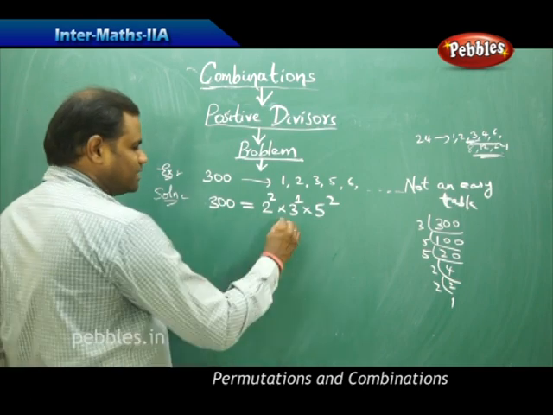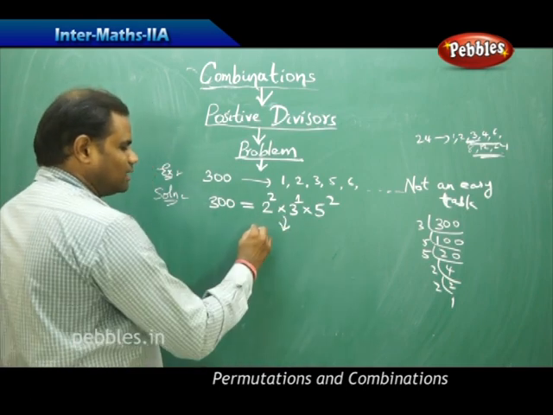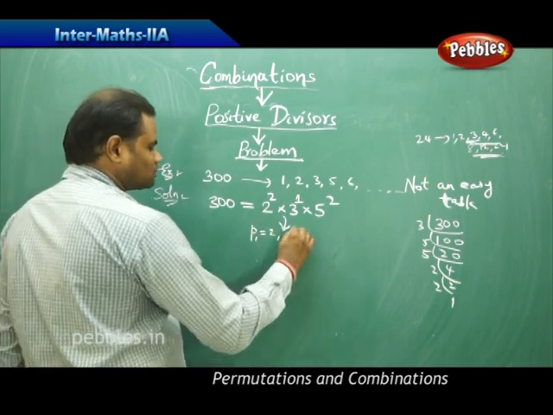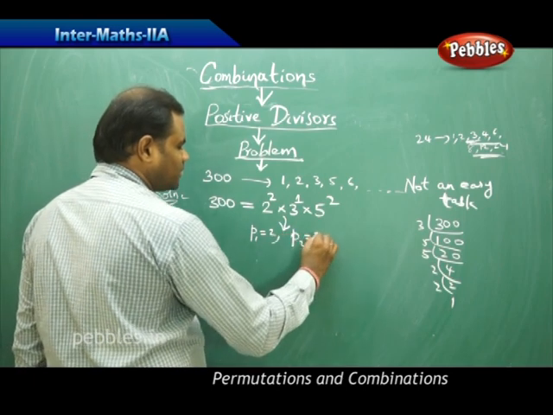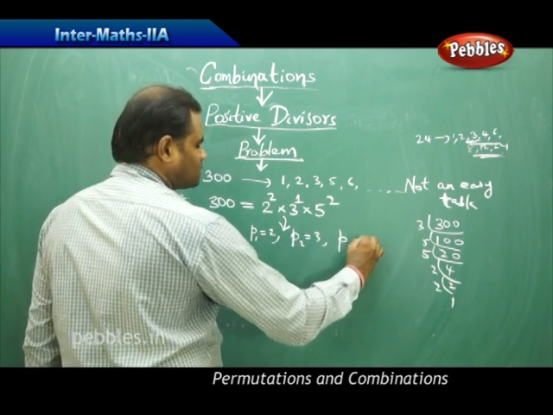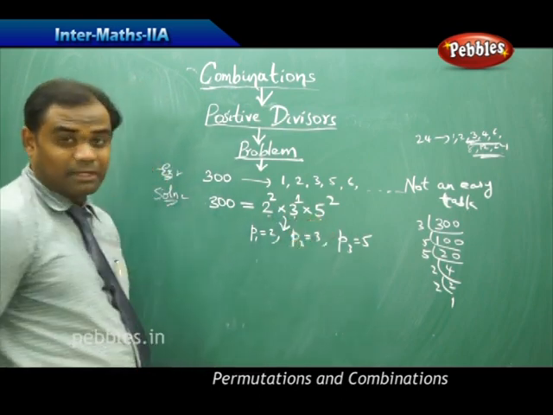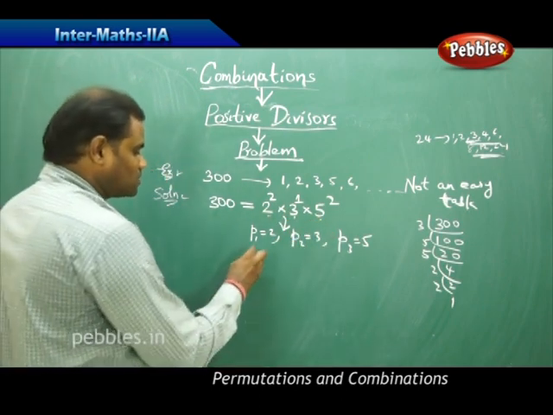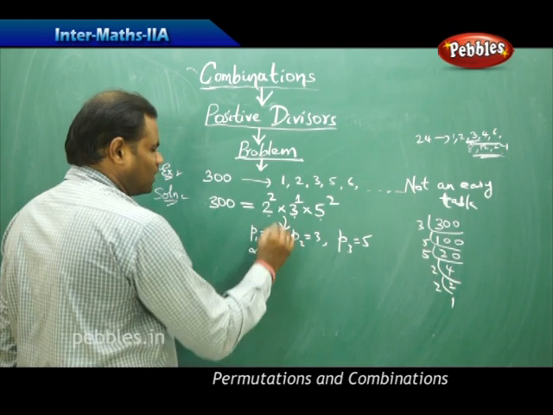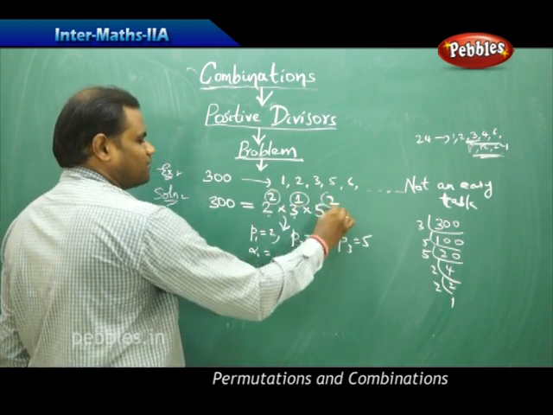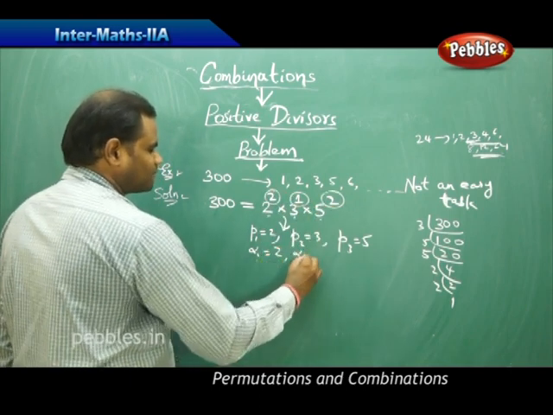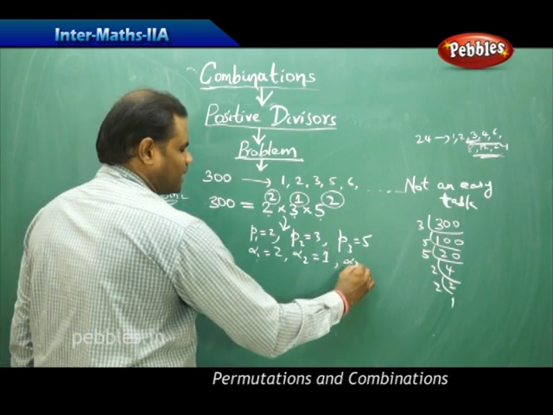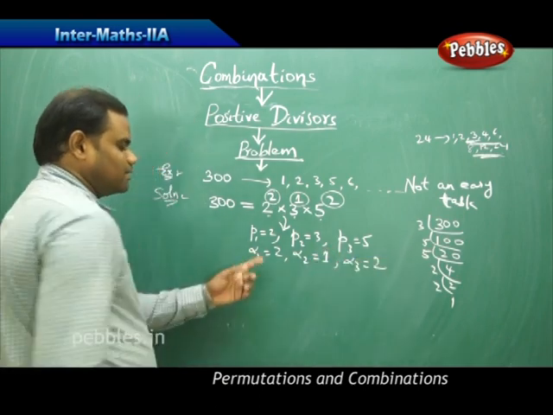Now, as I see clearly here, when I compare this with the formula, my p1 is 2, my p2 is 3, and my p3 is 5, each being the base, and the powers of the primes are alpha 1, alpha 2 and alpha 3, given by this.